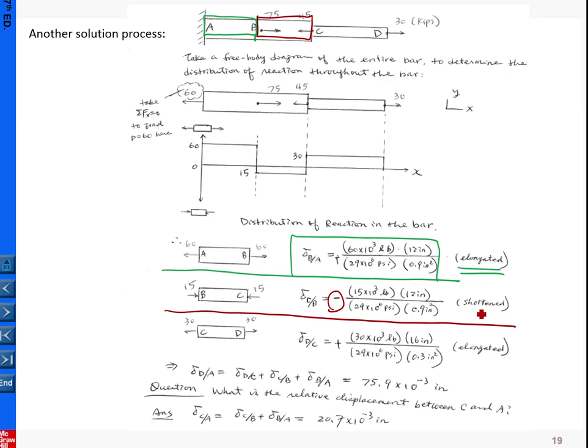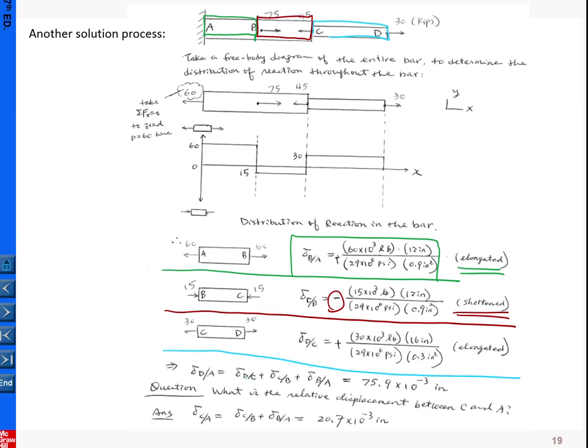The negative sign basically means shortened. In a similar process, for the third segment, the corresponding one is this. So displacement of D relative to A, basically we can take as the relative displacement of D relative to C, plus C relative to B, etc., like this one here.